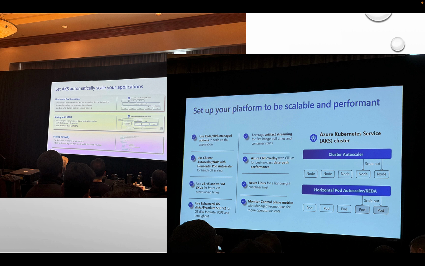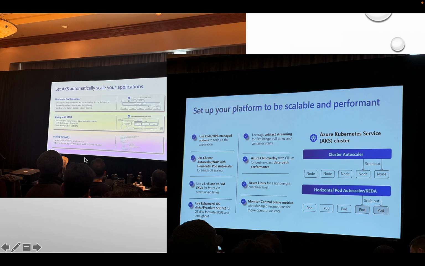There is also scaling with KEDA, which is pod scaling for message based applications. It can be used with the horizontal pod autoscaler. And then there is scaling vertically: the vertical pod autoscaler is an add-on which will dynamically add resources based on the usage.